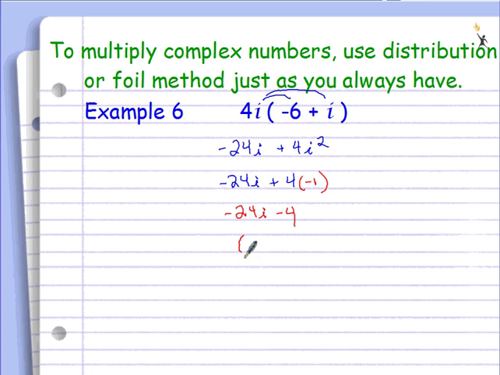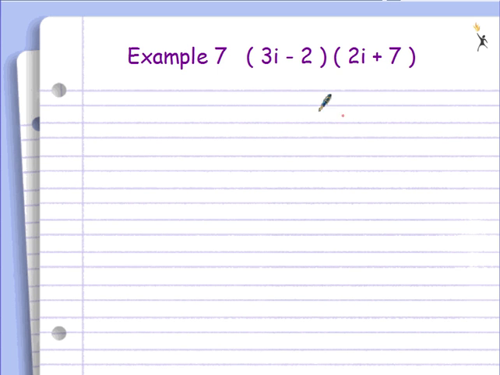And if you wanted to, you can write it in the correct order, which would be a negative 4 minus 24i. Here's my real part, here's my imaginary part. So when you're multiplying complex numbers, just be on the lookout for this i squared, okay? This i squared always gets replaced with a negative 1, and then it just changes your, most likely, to a real number.